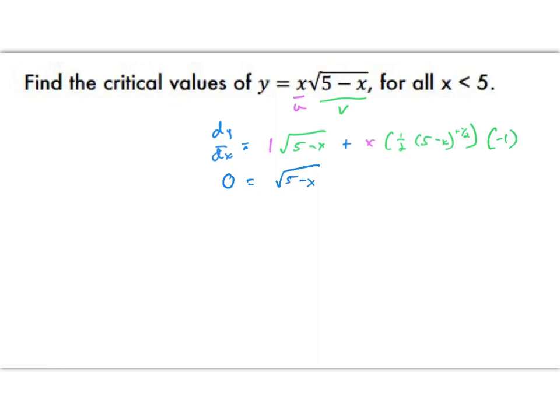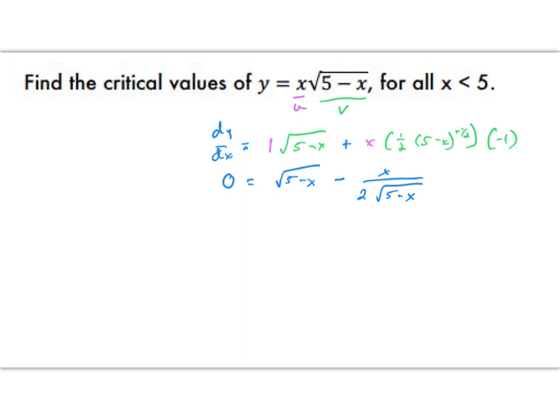And when I clean up this other term, that's not a positive, that's a negative, so let's fix that first. X over 2 times the square root of 5 minus x.